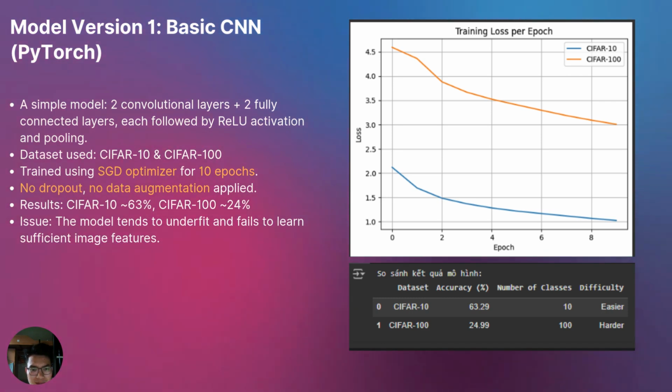However, we can clearly see that the loss reduction rate of CIFAR-100 is higher compared to CIFAR-10. We can see two lines. This is understandable because CIFAR-100 is a more complex dataset.